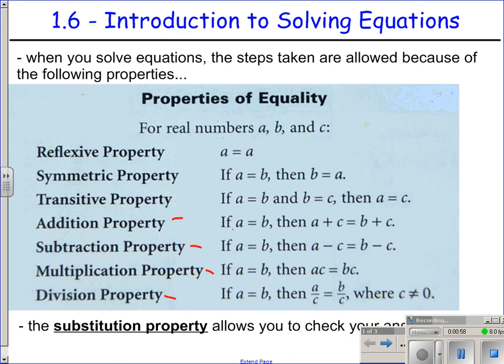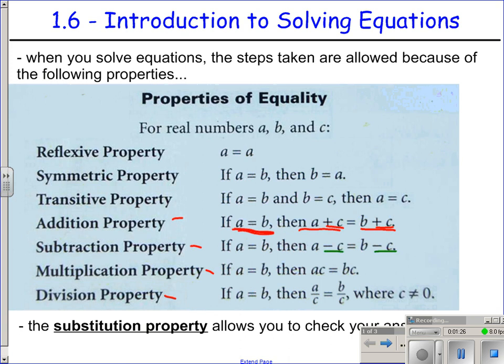If you start with two things that are equal, A equal to B, there could be a bunch of quantities in A, but you've got the left side equals the right side. Addition, subtraction, multiplication, and division: if you do the same thing to both sides of the equation, it all stays equal. A equals B, then A plus C equals B plus C. You're just adding C to both sides.